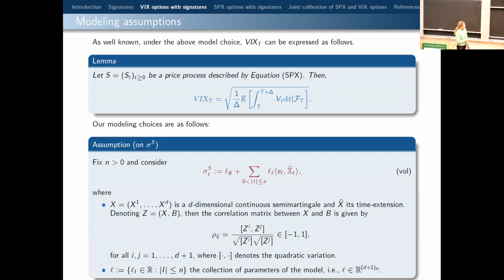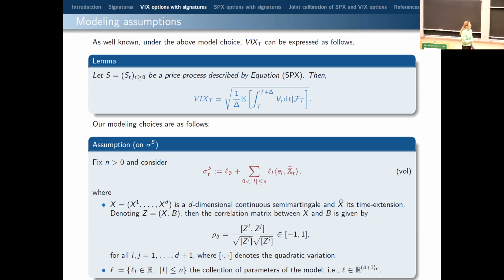And now, as I already said, the assumption on our volatility is that it is a linear function of the time-extended signature of some d-dimensional continuous semimartingale, and we suppose that this X with B has a certain correlation structure.